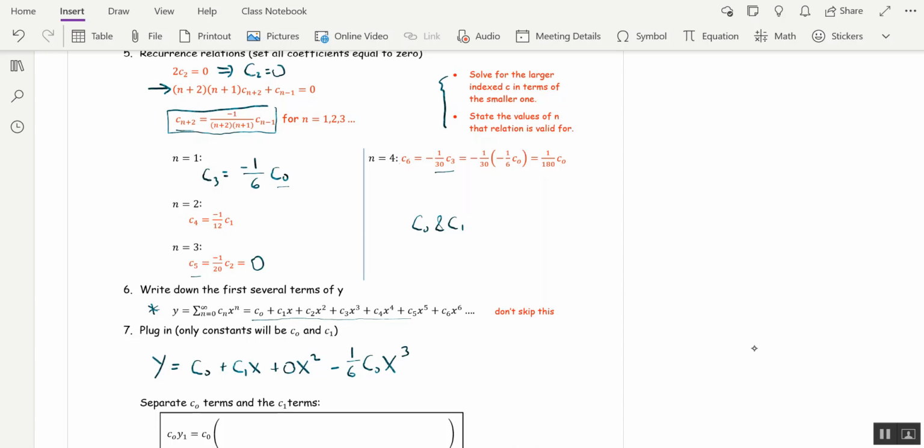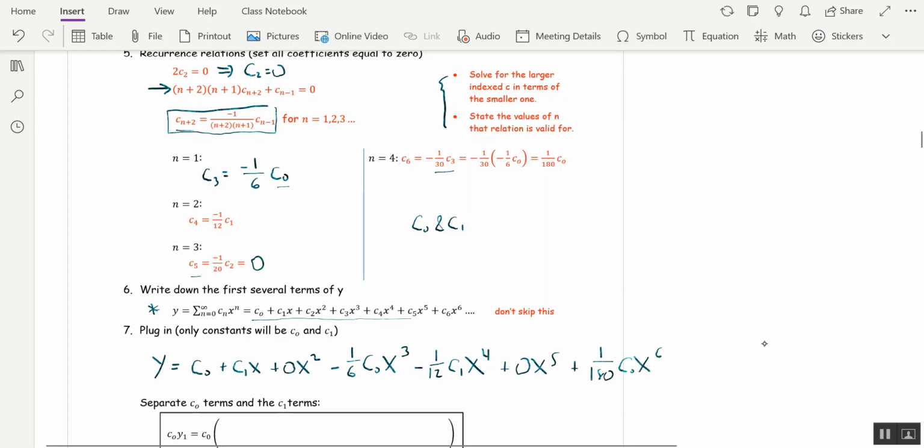And then C4 is negative 1/12 C1, and that gets paired with x to the 4th. And then where are we? C5 is 0. So I could stop there, and we want terms up to degree 5, but I'll just add the last one on since I did it. 1 over 180 C0 x to the 6th, dot, dot, dot.